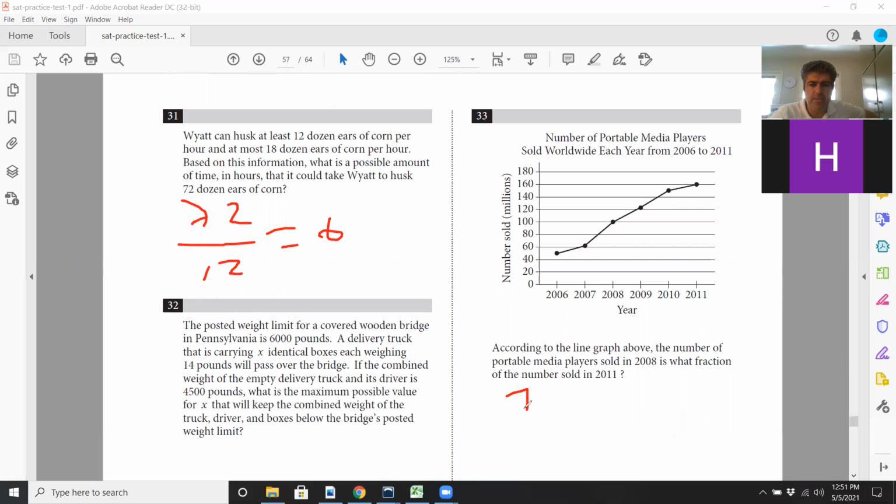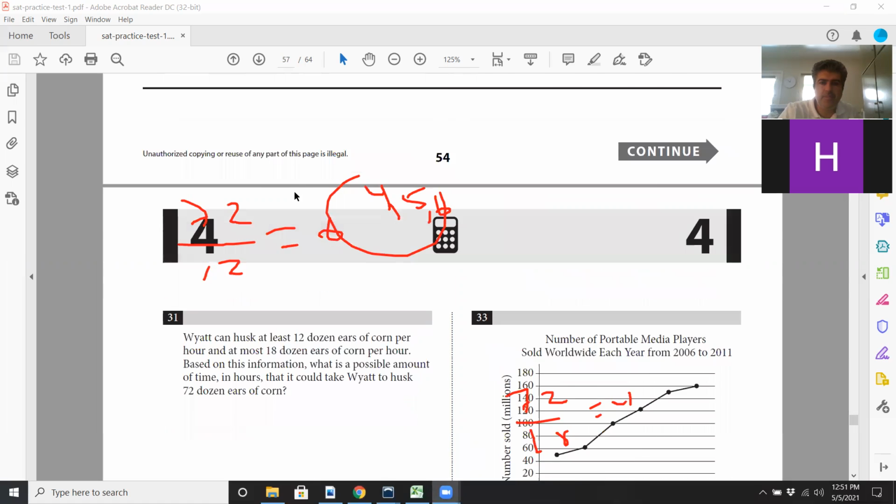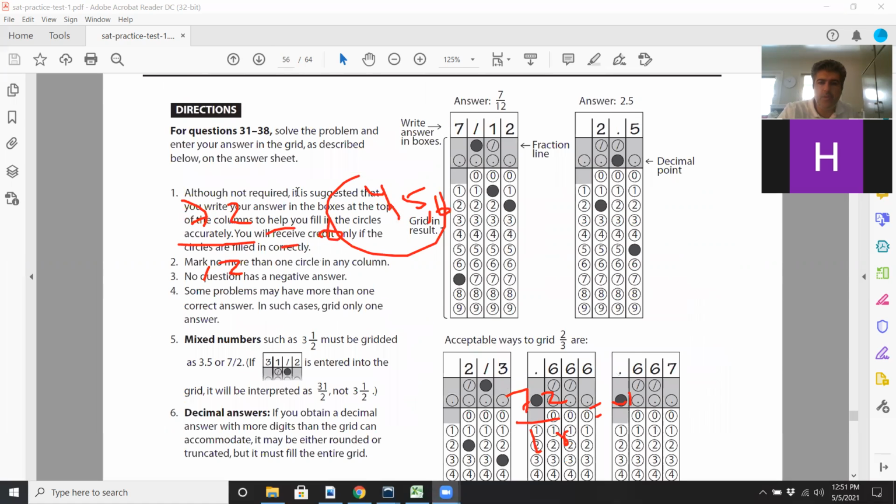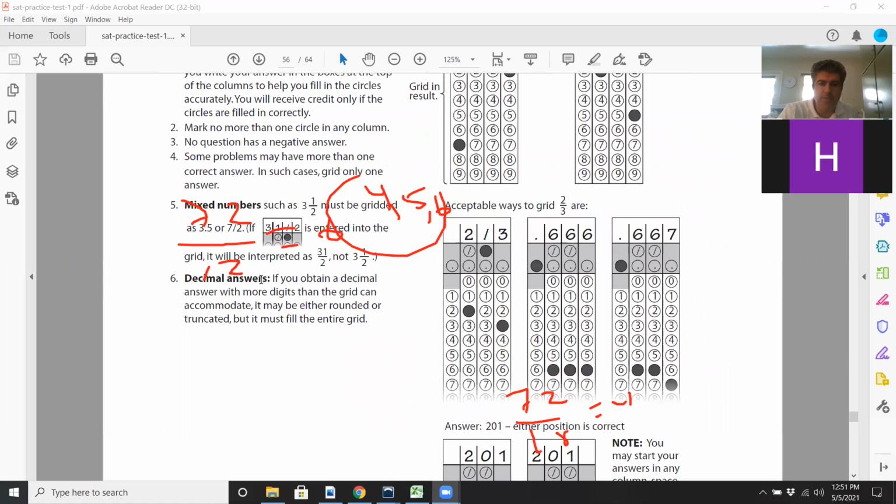Or let's say he goes at the fast rate. It could take him 4 hours. And it's inclusive, so 4, 5, or 6, the College Board would accept that answer. You only put one of them, and the way you would do it, let me actually show the bubbles here.